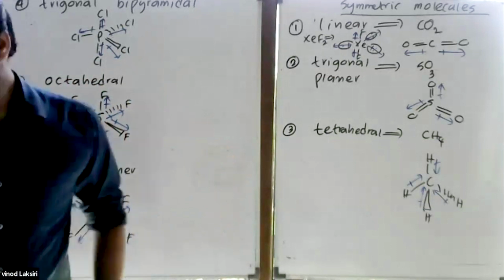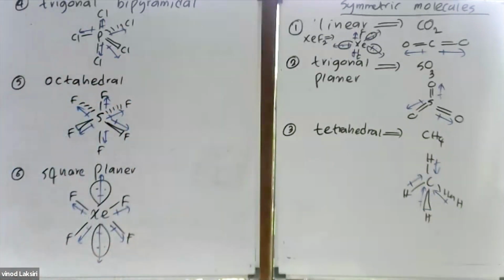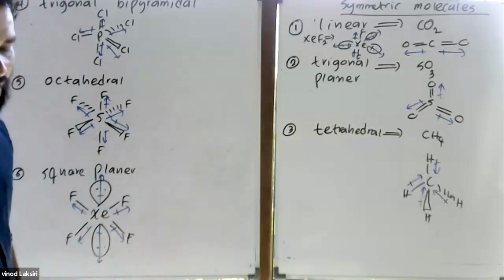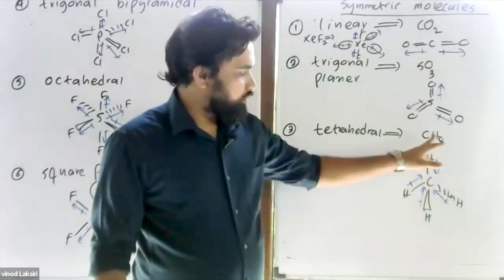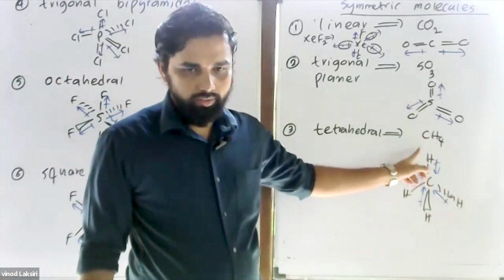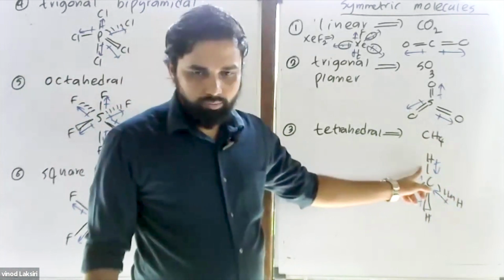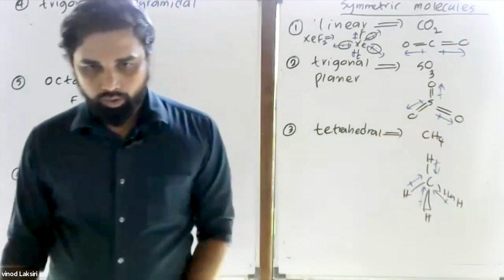Think, if one bond is different, then the dipole moment is not the same. Then that molecule becomes asymmetric, right? Think like this: CH4 versus CH3Cl. Here there is a chlorine atom. Then this dipole moment is not equal to the others. Then the molecule becomes polar.